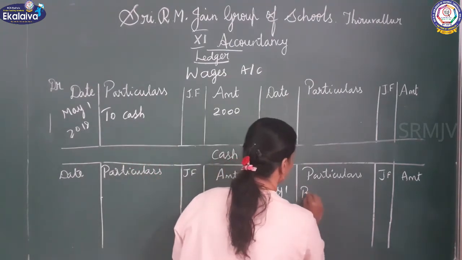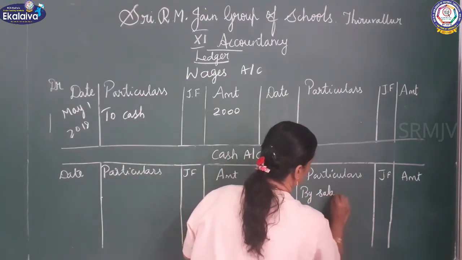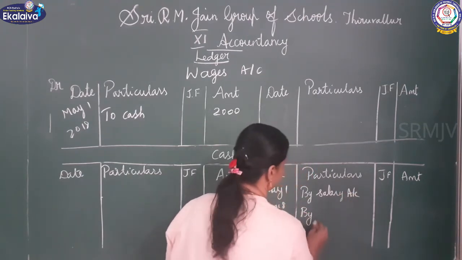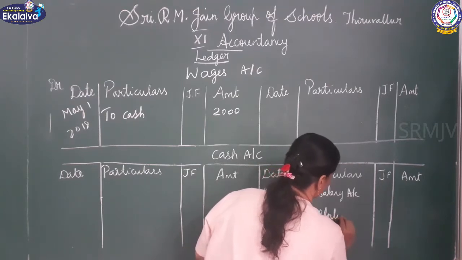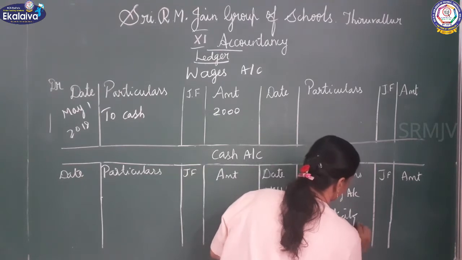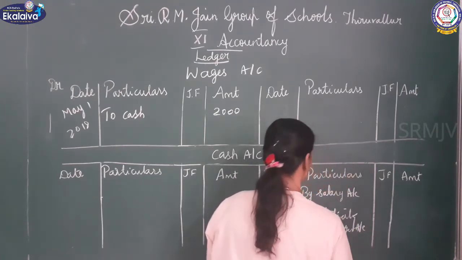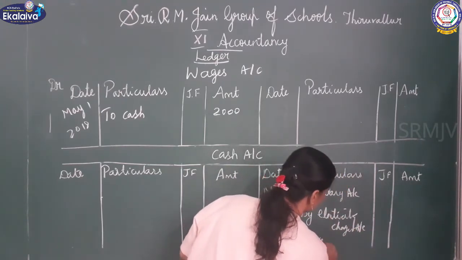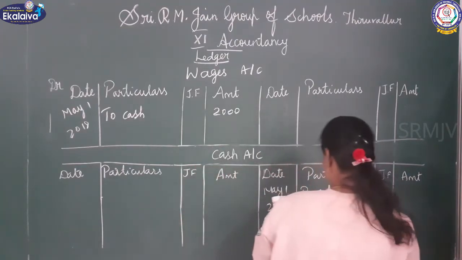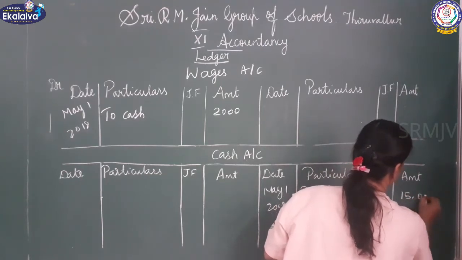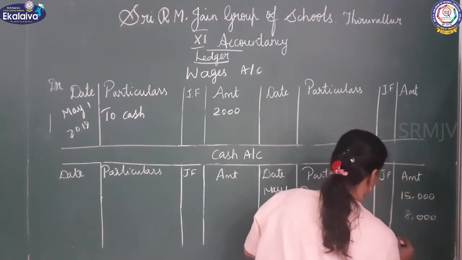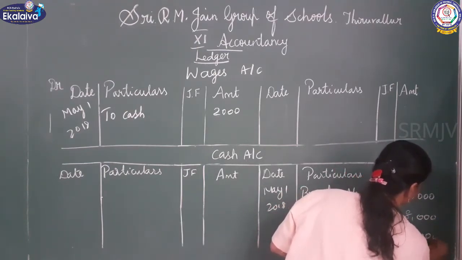So by salary account, and then by electricity charges account, and then by wages account. Okay, so how much salary is? 15,000, and then electricity charges 8,000, and then wages 2,000.